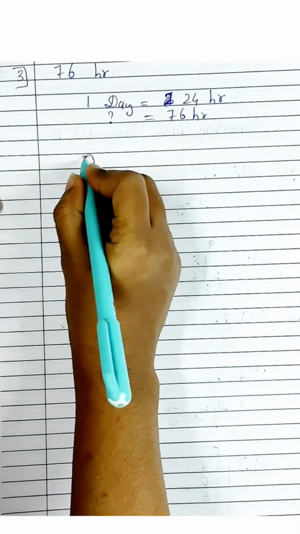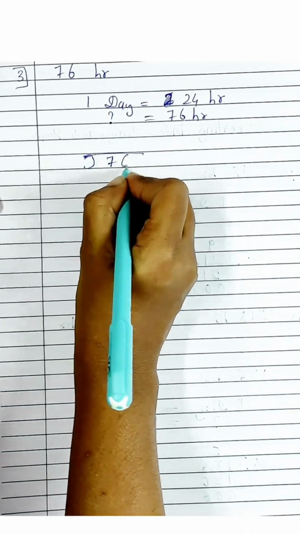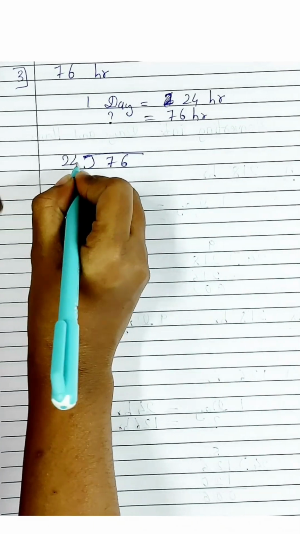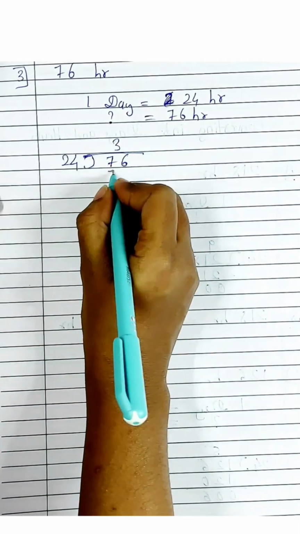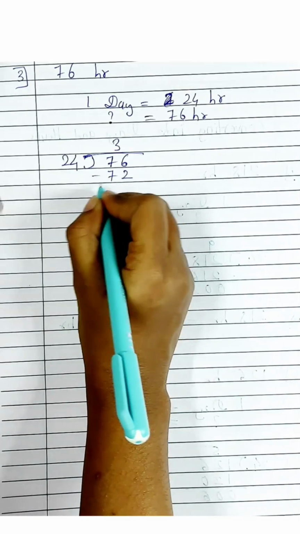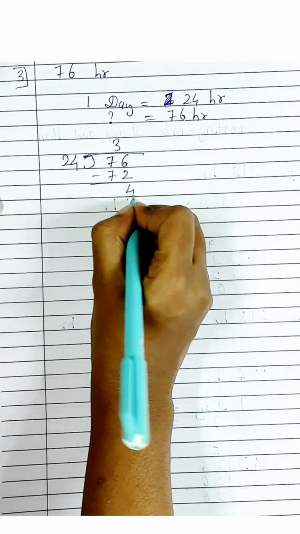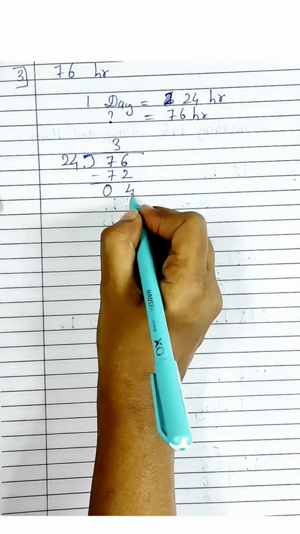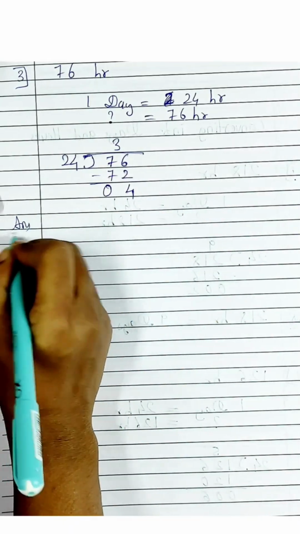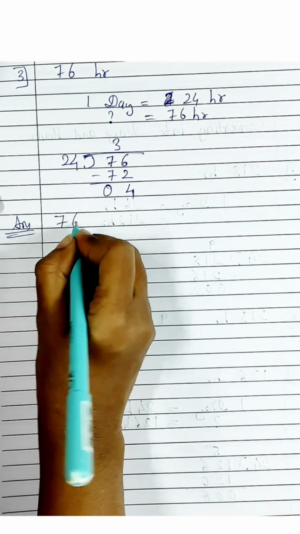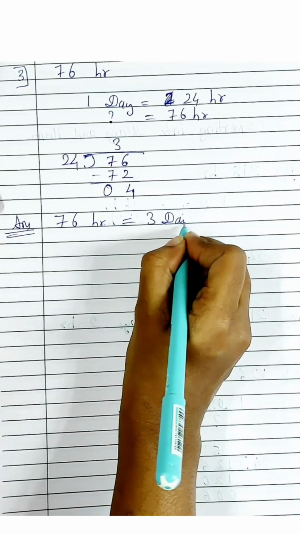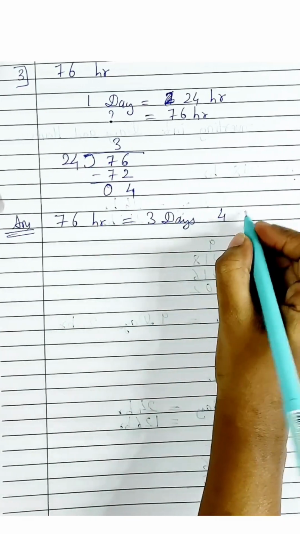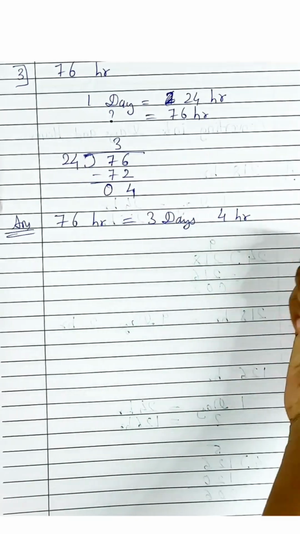Again, simply you have to divide 76 by 24. So 24 3s are 72, which will give you remainder as 4. So what is the answer? In 76 hours there are 3 days, 4 hours.